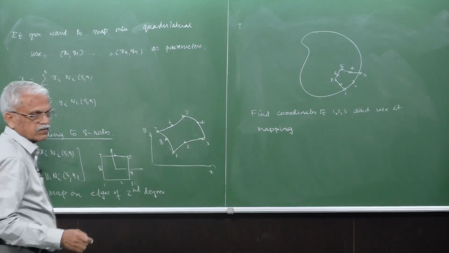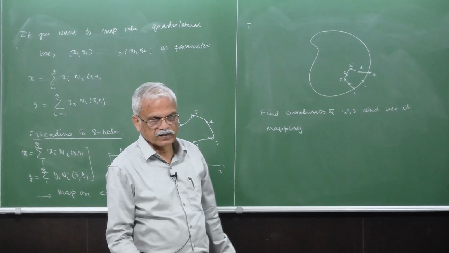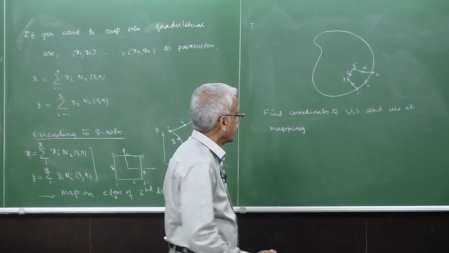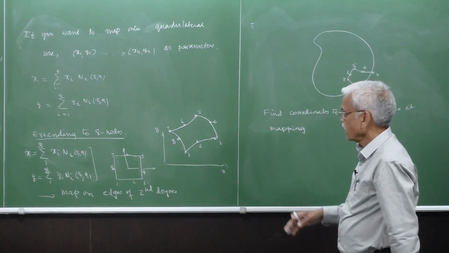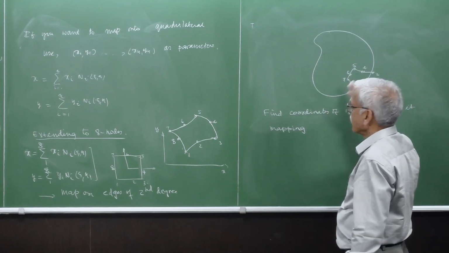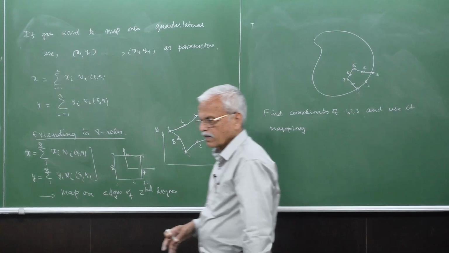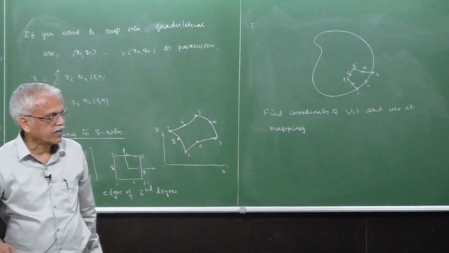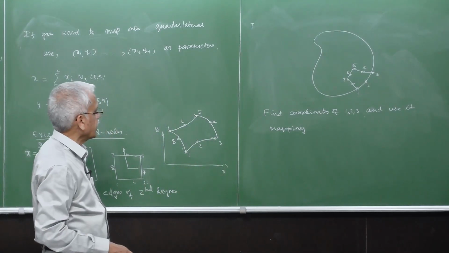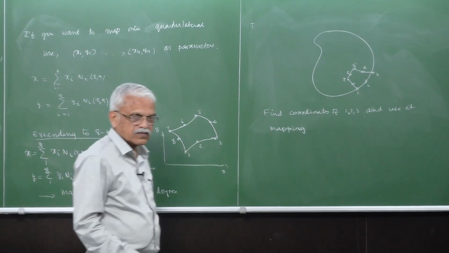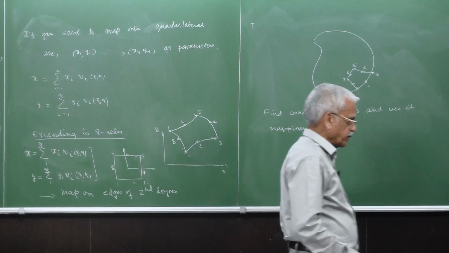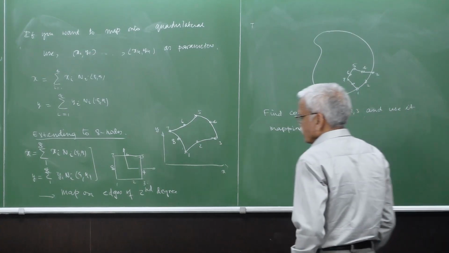So Ni is the usual shape functions of 8 node serendipity, and use it here, and then you can very well represent the curved side boundary of the element. Okay, so that is the beauty of this one. That is the one important aspect as far as the geometry is concerned.